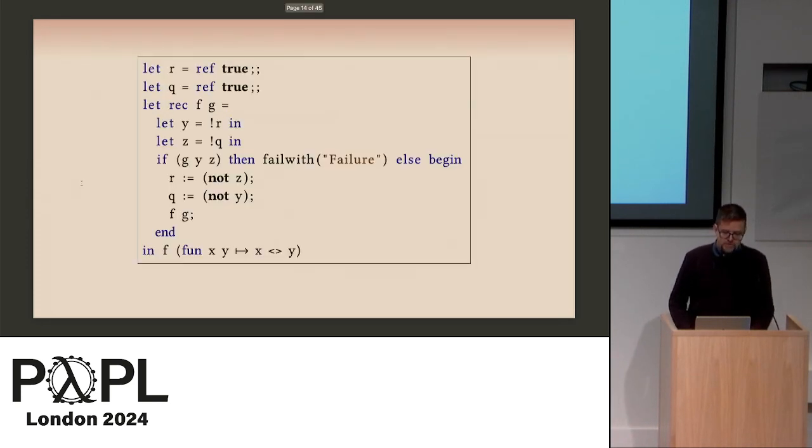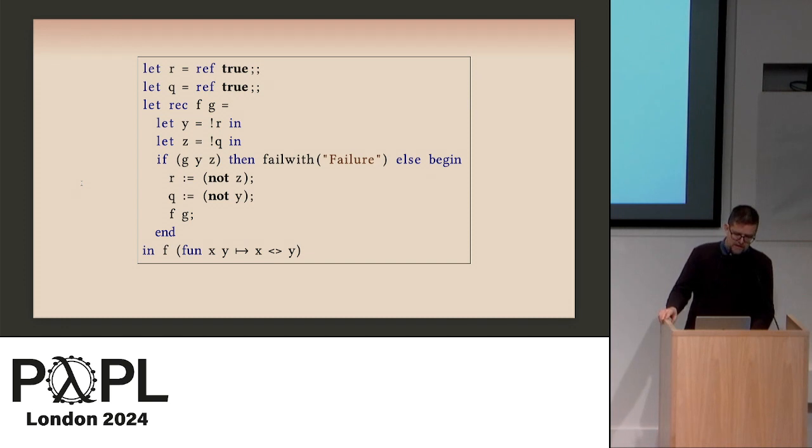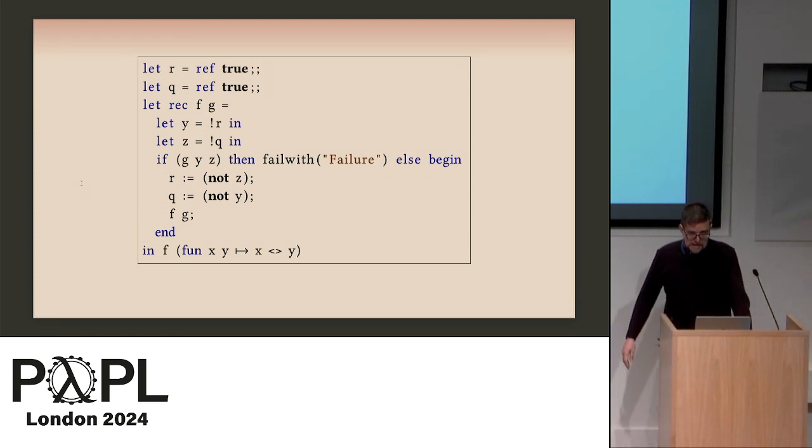For example, we would be interested in verifying that this OCaml program, which is built around two references, R and Q, does not produce any exception. The two references are changed by way of a recursive function, a higher order recursive function, in a synchronous way.